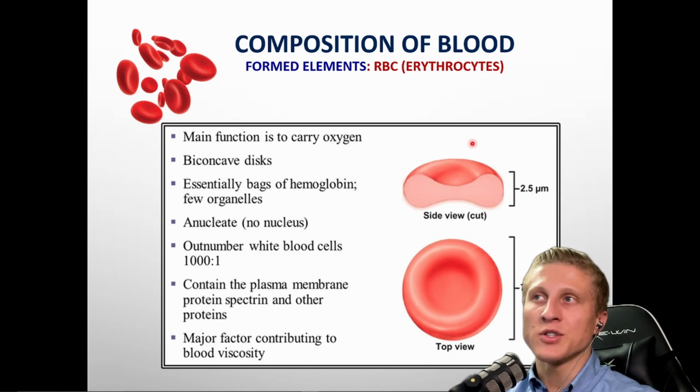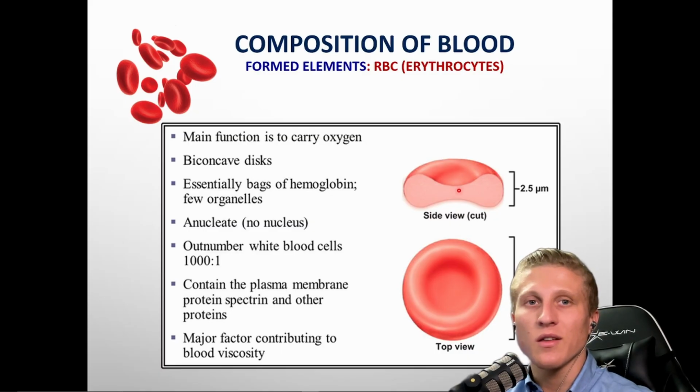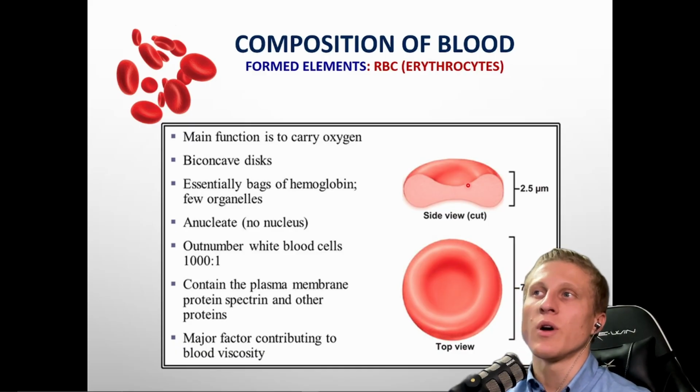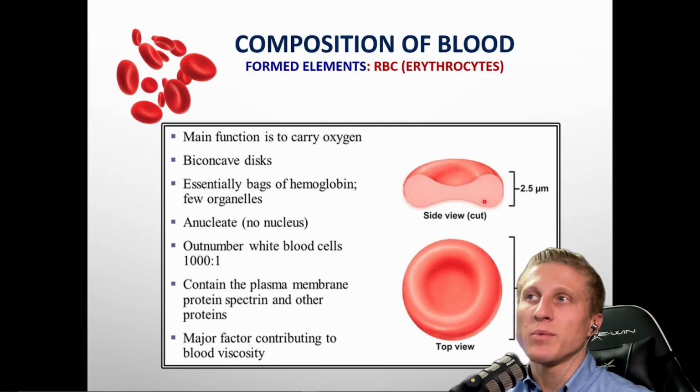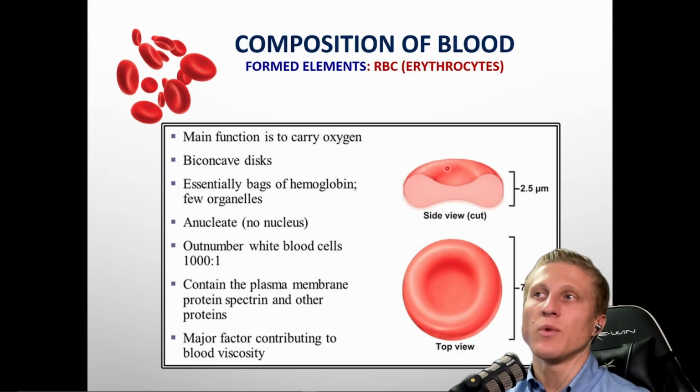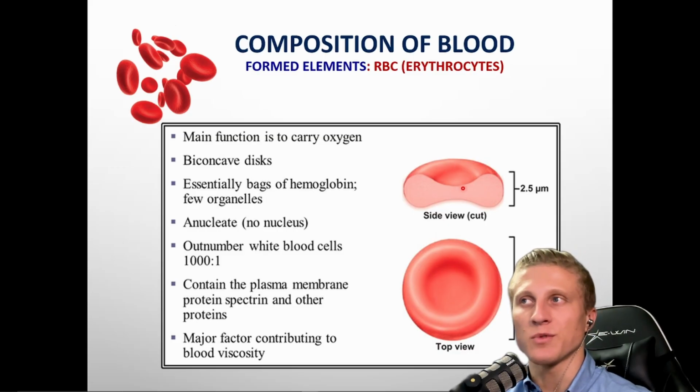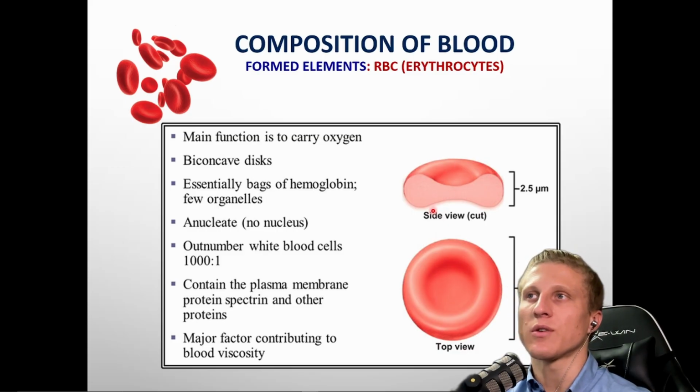Since their primary job is as a transport carrier with those hemoglobin molecules, if we get rid of our nucleus, we increase the volume of space for hemoglobin molecules, which increases our oxygen carrying capacity and makes our body essentially more efficient. So an immature red blood cell, an immature erythrocyte, will have a nucleus, but once it has reached maturity, it will dissolve its nucleus to increase room for hemoglobin.